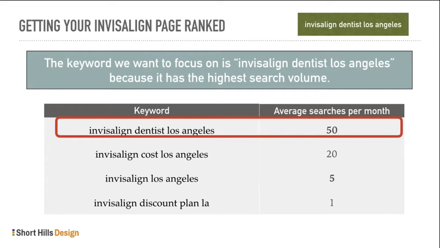We've done this Invisalign Dentist Los Angeles keyword search, right? We've done this in order. A, we have an Invisalign page. B, we've ranked our page for Invisalign Dentist Los Angeles, we've done what we're supposed to do. Is there anything else that I can do for you to try and get you a better ranking for this keyword?